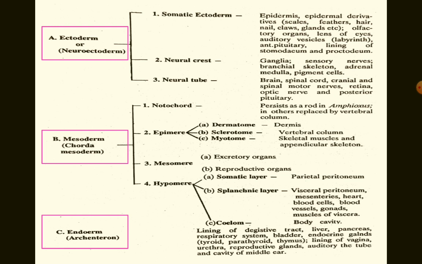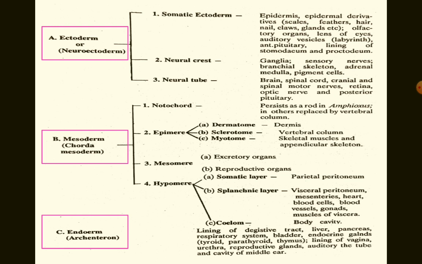Whereas mesoderm gives rise to structures like notochord, epimere, mesomere and hypomere. The notochord persists as a rod in amphioxus, and in higher vertebrates it is replaced by the vertebral column. Epimere again differentiates into dermatome, sclerotome and myotome, which in turn give rise to the vertebral column and the skeletal muscles and appendicular skeleton.